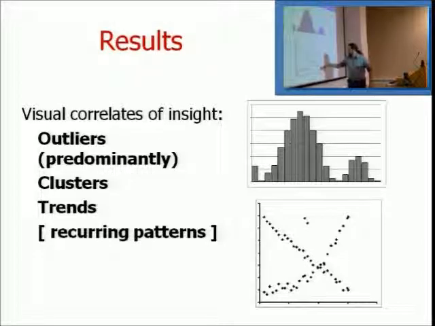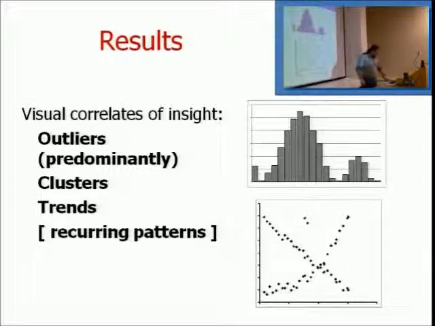Two clusters, in both of which there are different trends, and two outliers here. Does that account of a visualization make sense, as a visual parsing?